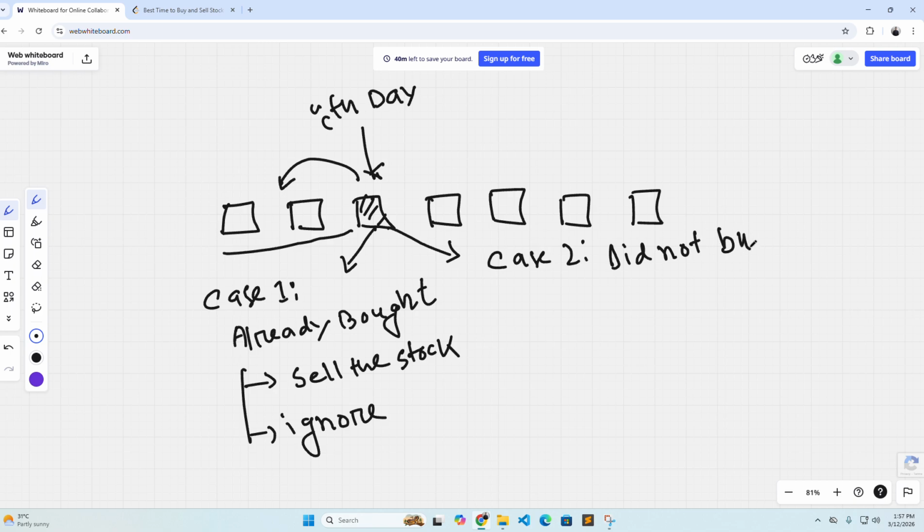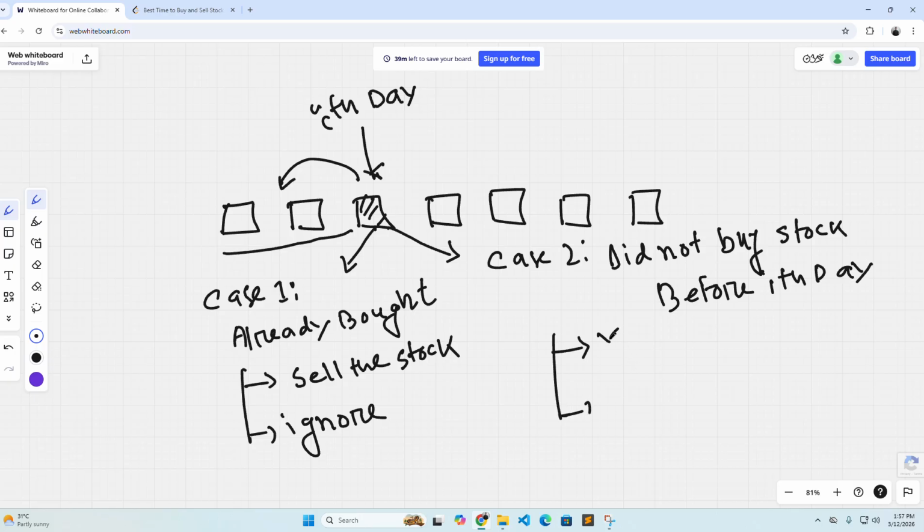In this case, you have two options: you can buy the stock on the ith day, or you can ignore it. Thus you can easily solve the problem.